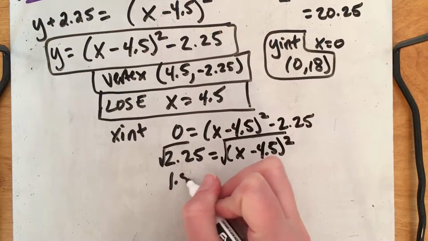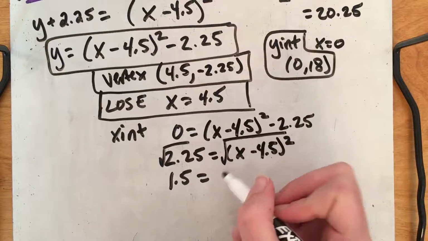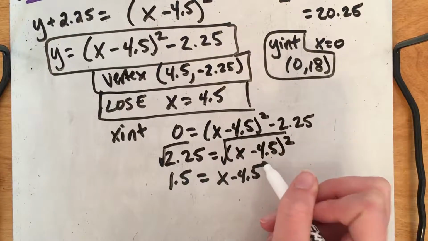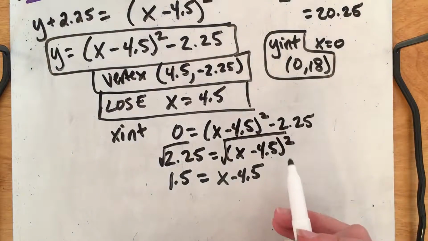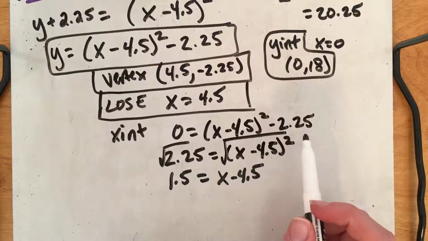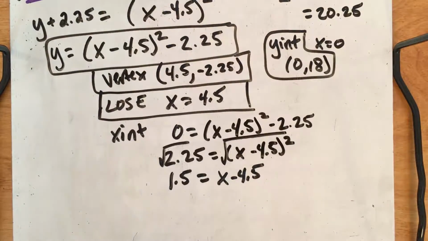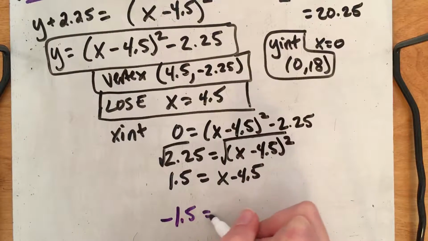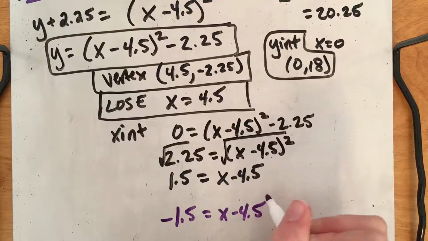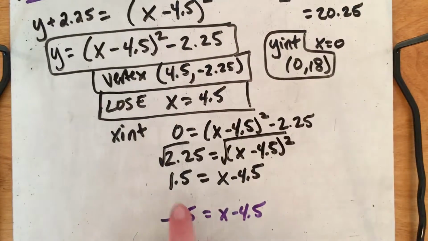So positive 1.5 equals, this is just an x minus 4.5 left over. And it's not squared anymore because the square root was the opposite of it. Or I could take the square root of 2.25, and technically I could get negative 1.5 equals this quantity here. Okay, because if I square 1.5, or if I square negative 1.5, I'll get back to positive 2.25.